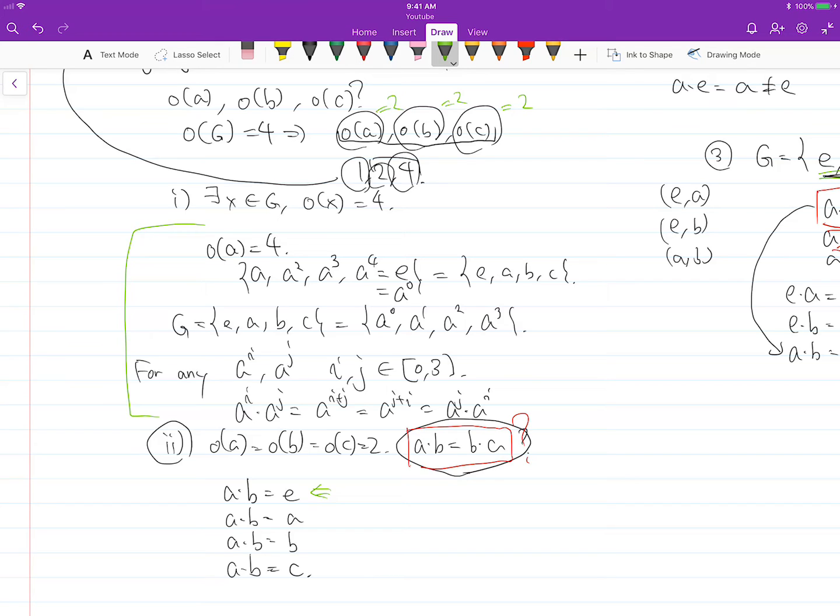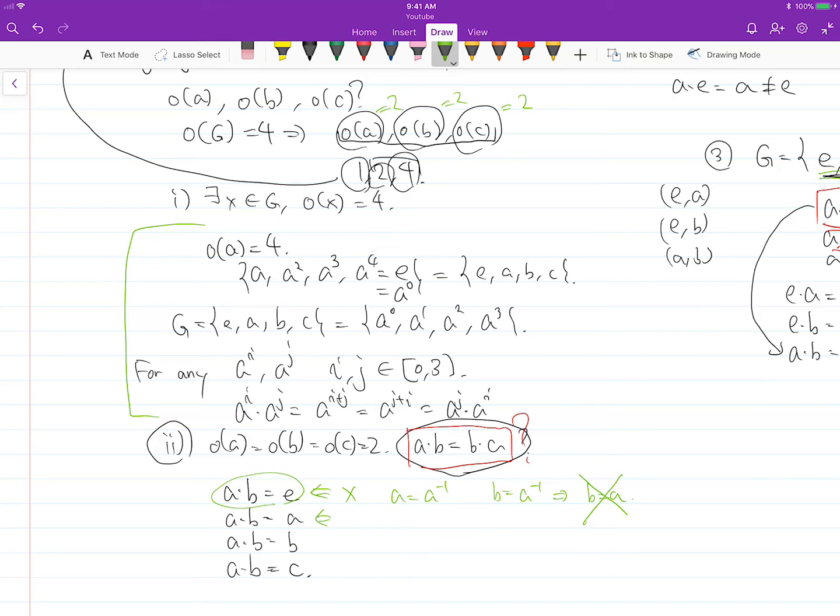So this is actually not possible because A is the inverse of itself. If this was true, B would be A inverse. Then this would imply that B equals A, which is clearly a contradiction.